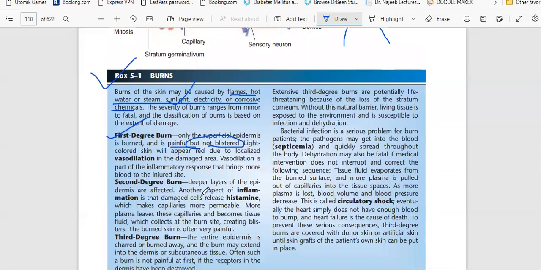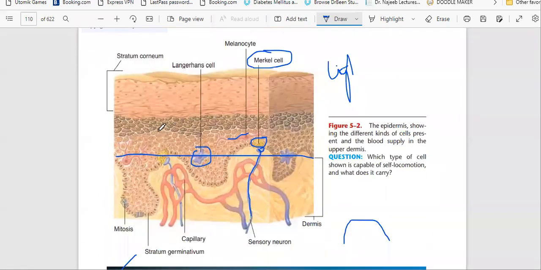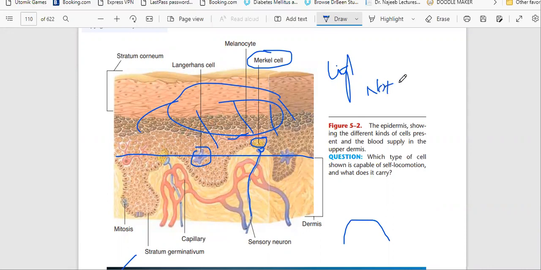The third thing we have: vasodilation is a part of the inflammatory response that brings more blood into the injured site. Here we don't have many capillaries in the upper area called the epidermis. So that's the reason no inflammation will be seen.